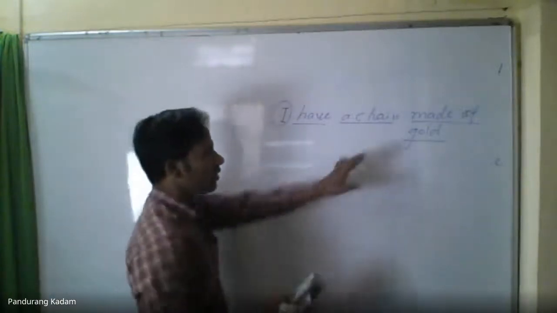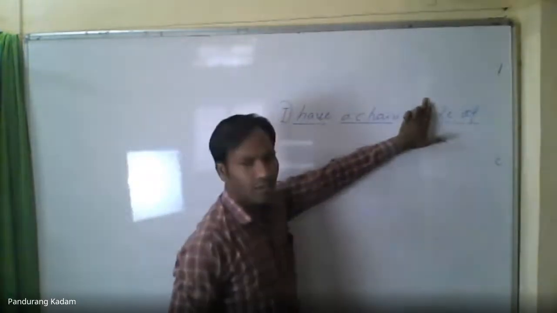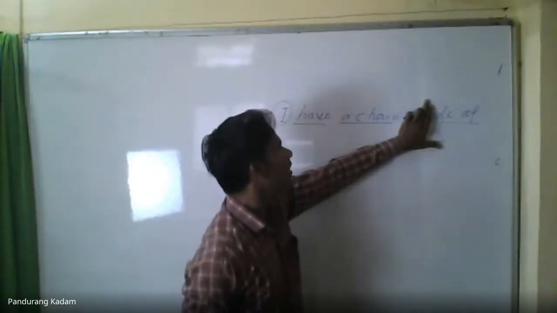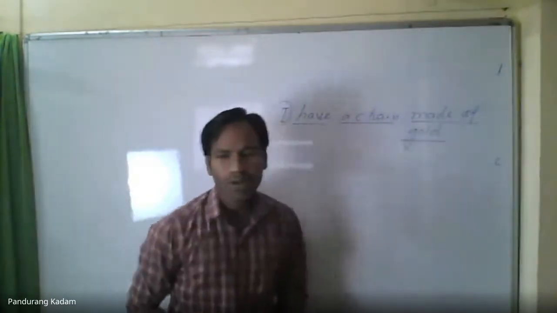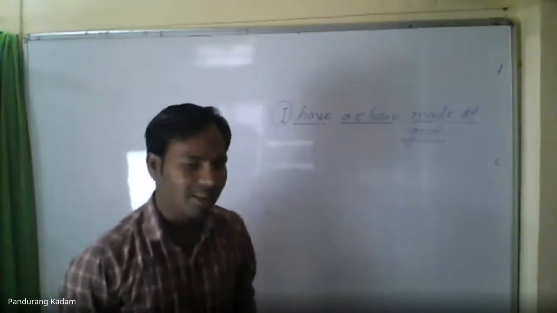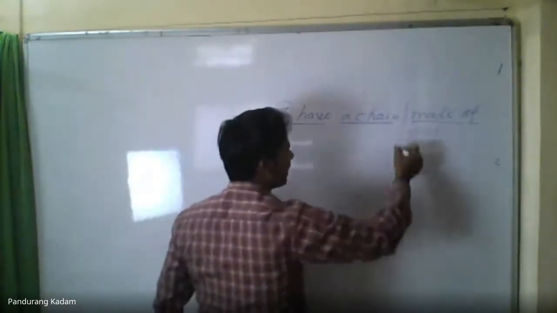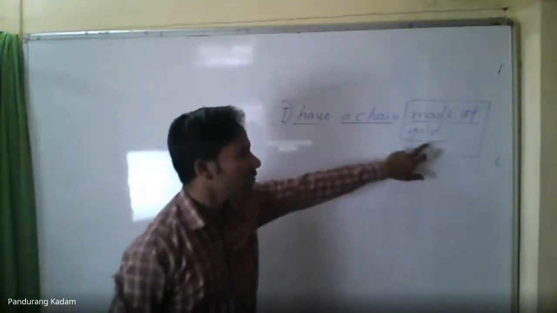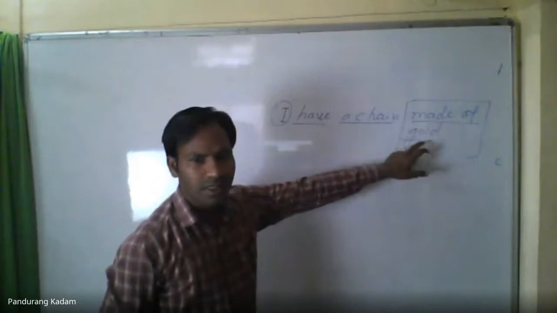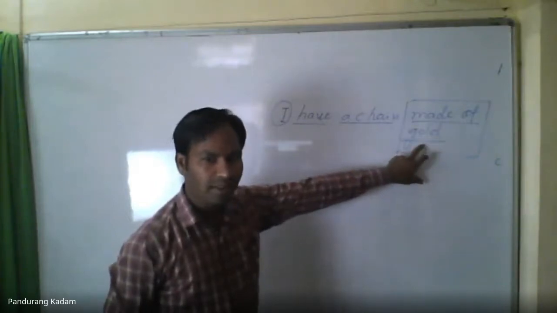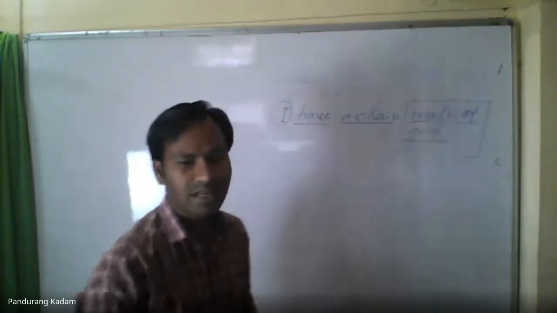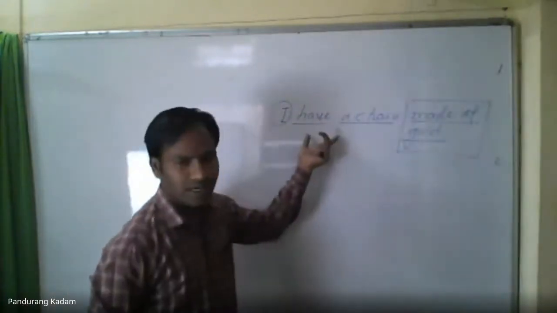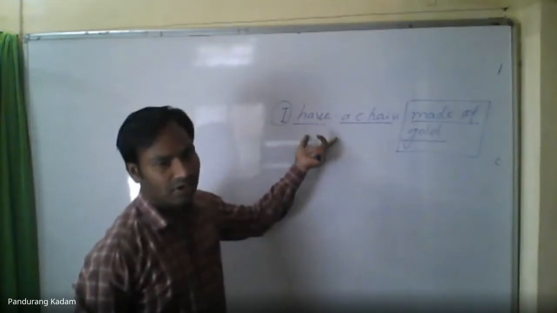If we avoid this part, the sentence can still give meaning. So made of gold in the sentence is a phrase. But do we find any verb in made of gold? No. It is a combination of words attached to the sentence just to give the meaning of the related sentence, but it cannot stand alone as a sentence.